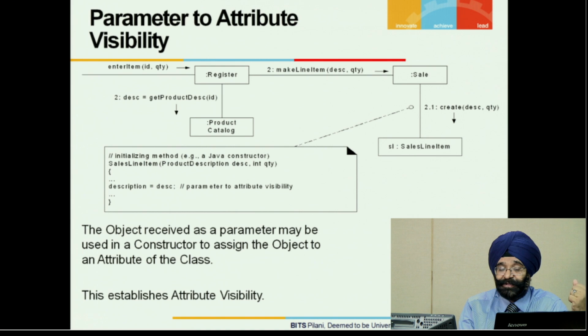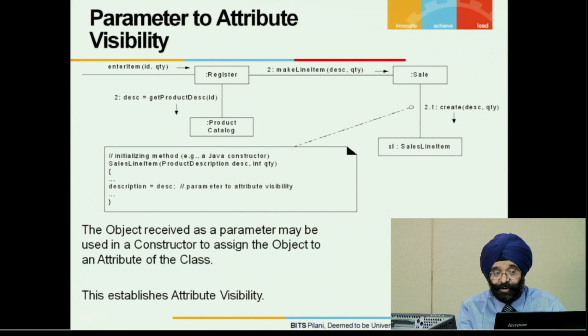When you go through the point of sale application in detail, you will find that we don't just keep SL as a single object, we keep it actually as a collection of objects, and those are more interesting things. But what we need to understand now is that an object received with temporary visibility as a parameter of a method was used by the receiving object to generate an object which has now got attribute visibility, which is of a more permanent nature.